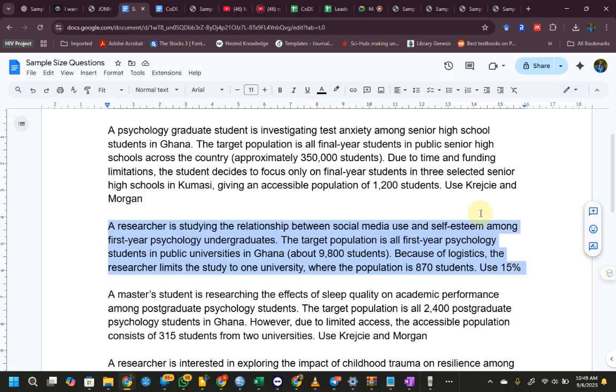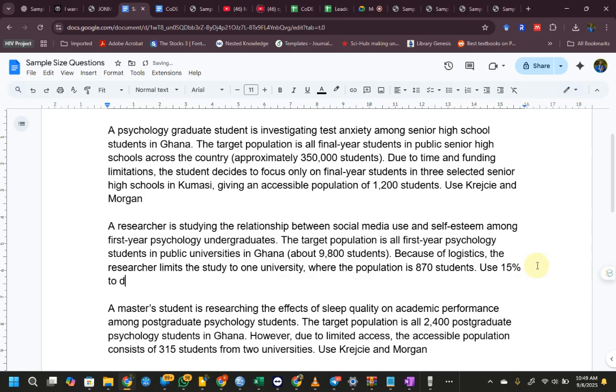Because of the logistics, the researcher limits the university population of 870. Use 15%. So in other words, what does it mean when you say use 15%? Use 15% to determine the sample size, or to calculate the sample size.